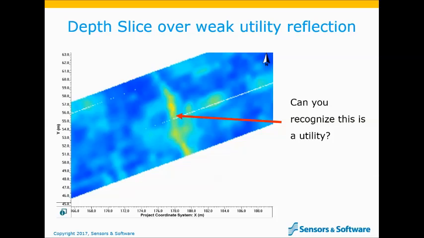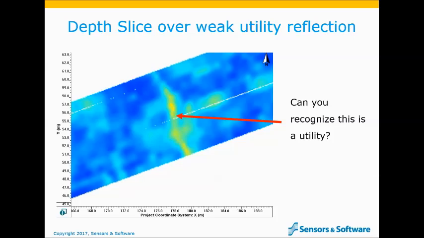The second is you must be able to differentiate the responses from your target versus all the other objects and boundaries that are in the subsurface. Your target must have a different contrast compared to the other objects around it, or have a unique shape or orientation that allows you to differentiate it from other objects. If you don't have these conditions, then depth slices and 3D images can be difficult to interpret.